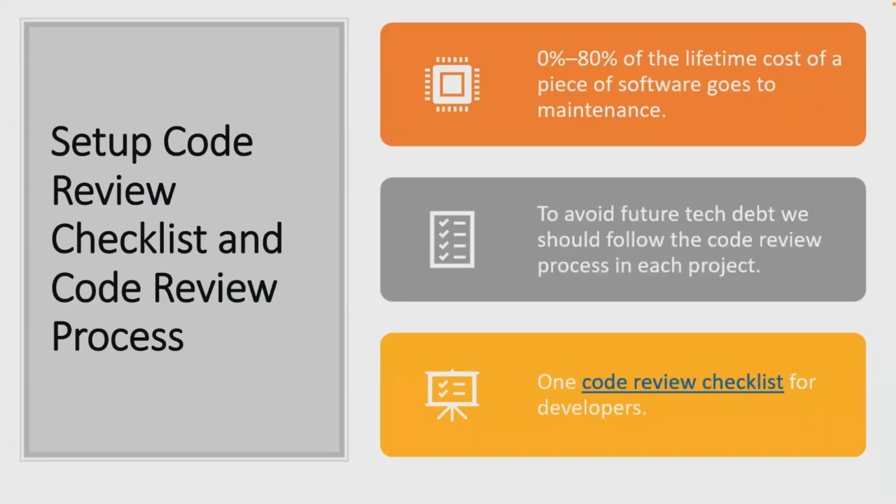Next, set up a code review checklist and code review process. Whenever we are designing any software, development does not matter as much. What matters is the maintenance of the software, because a lot of investment goes into the maintenance part of any software.